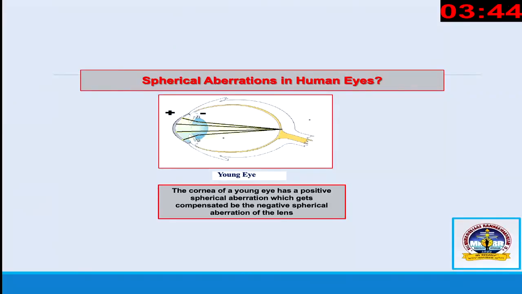Combined together, it comes to a sum total of around minus 0.10 micron of aberration in the young eye, which also accounts for a little bit of depth of focus.